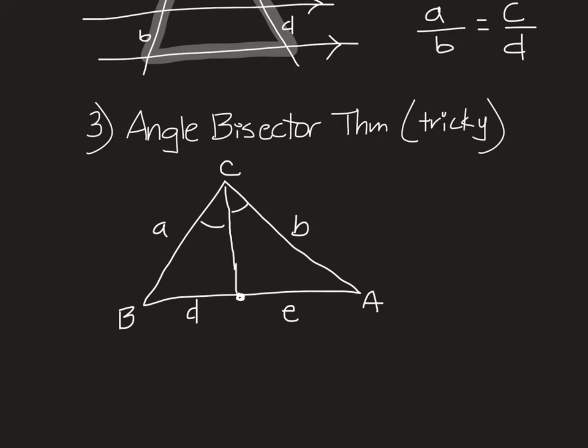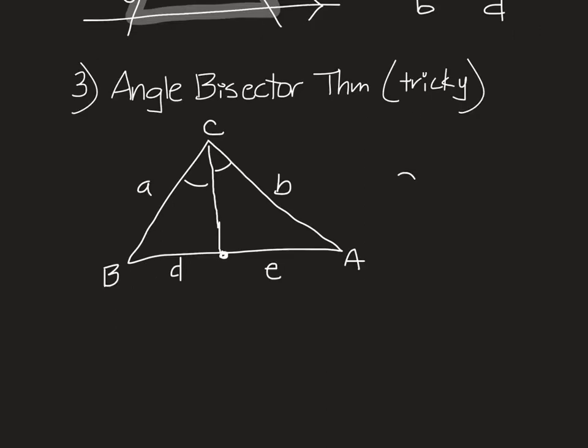So, based on the angle bisector theorem, we have D is to E as A is to B. This one is kind of unintuitive, and it's a tricky one to prove. The book kind of walks you through that. I'm not going to bore you with those details right now. Those are the three theorems.